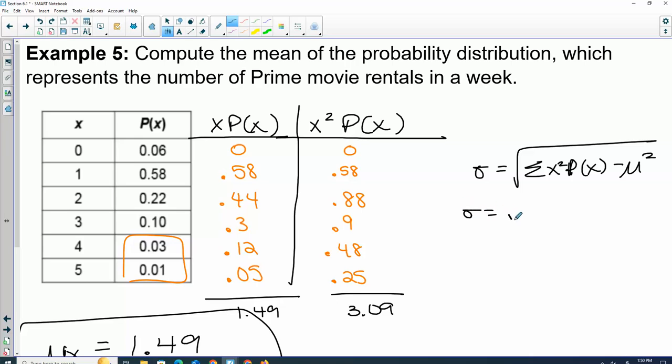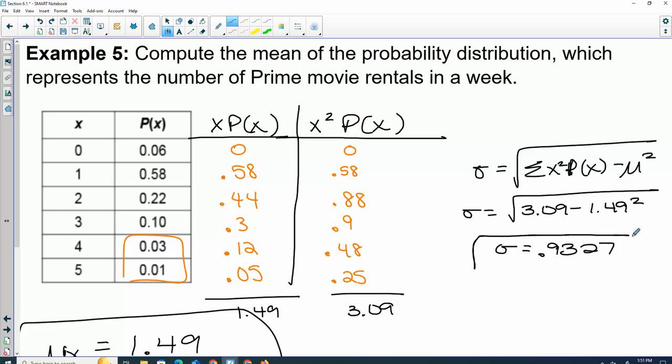So my standard deviation is the square root of 3.09 minus the mean, which we found to be 1.49, squared. Type that all in. So my standard deviation is 0.9327.